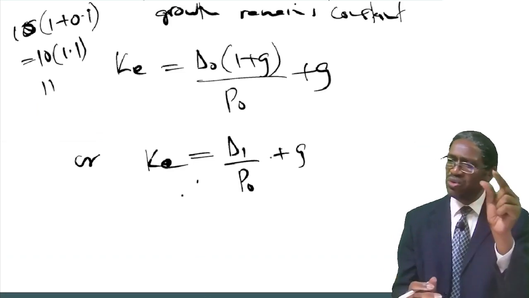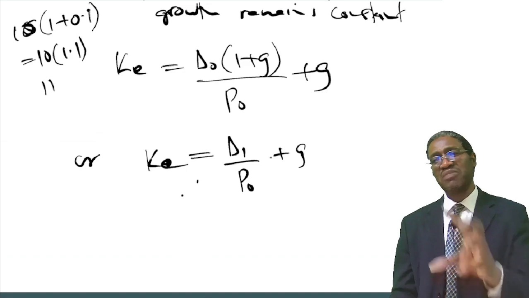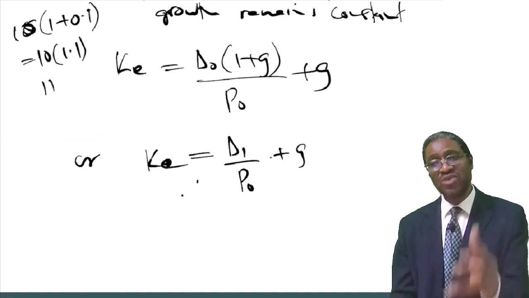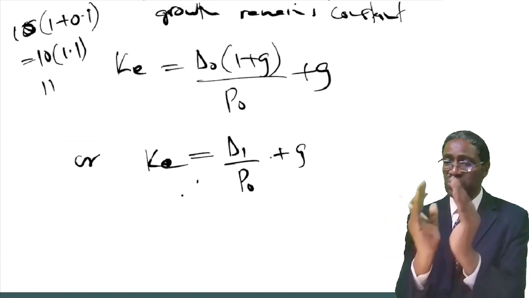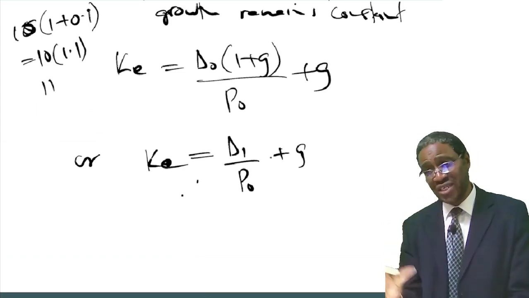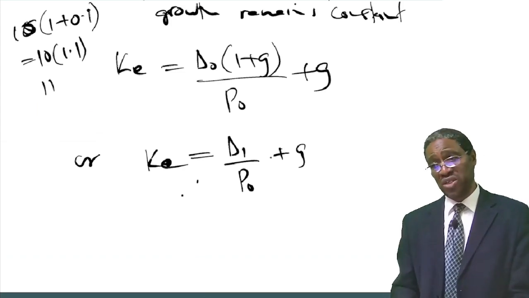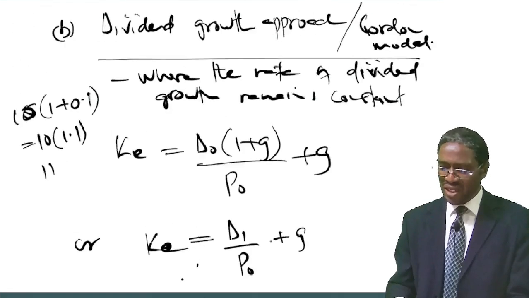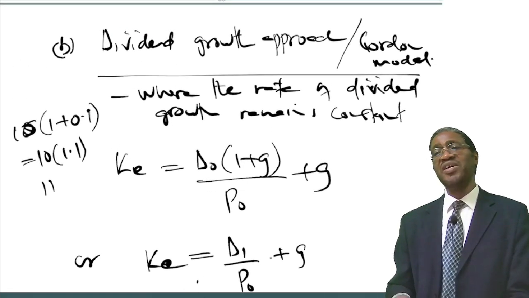If he gives you the amount paid as dividend last year, then that becomes D0. Then you multiply it by this factor of growth, which is 1 plus G. Then, whatever you get as your dividend yield, you add the growth rate. That is the approach we call the dividend growth approach.